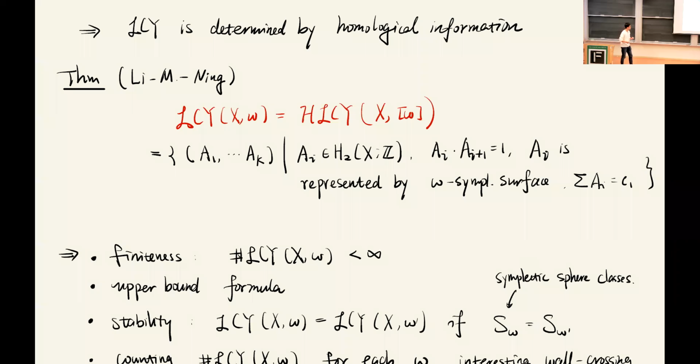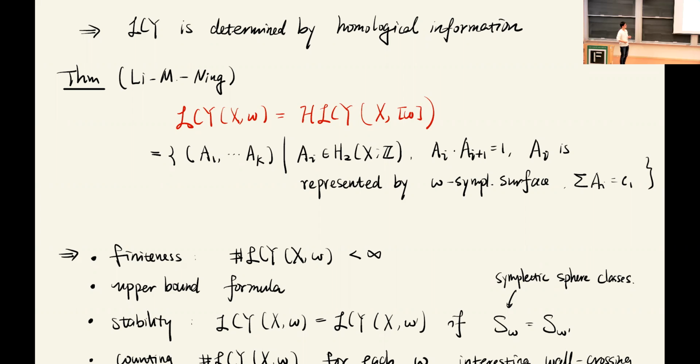Okay. And we also gave a very detailed count of the number of elements in this set of equivalence classes for each symplectic form when X is a small rational manifold, that is, a blow-up of up to 3 points, and for almost all omega for general X. And while counting, there is an interesting wall-crossing phenomenon.